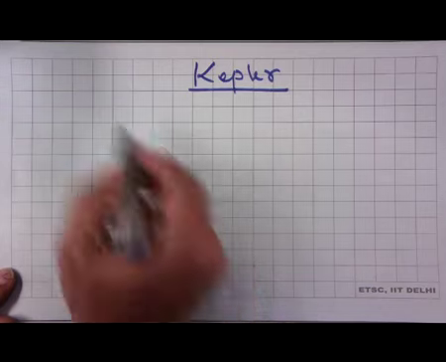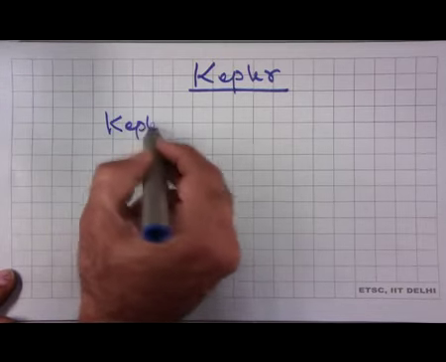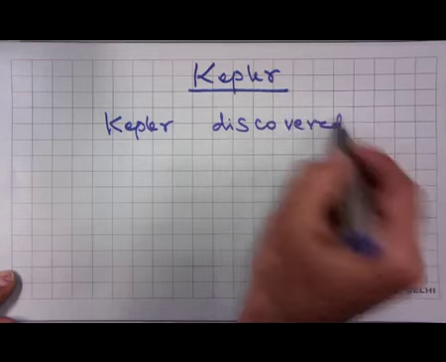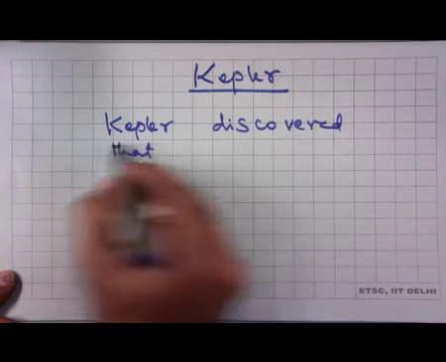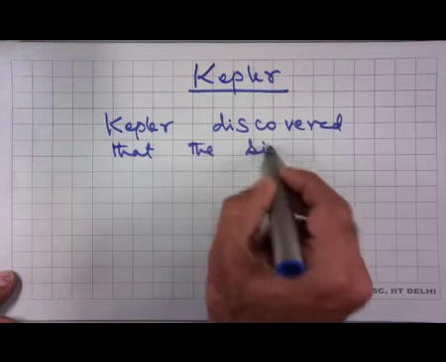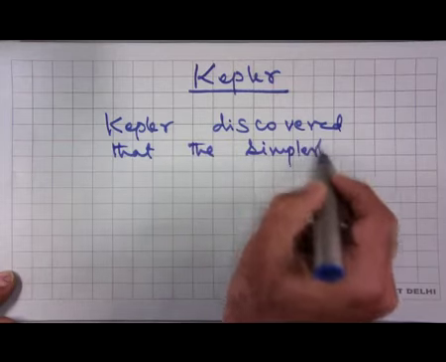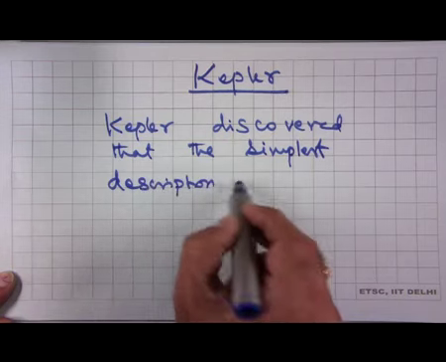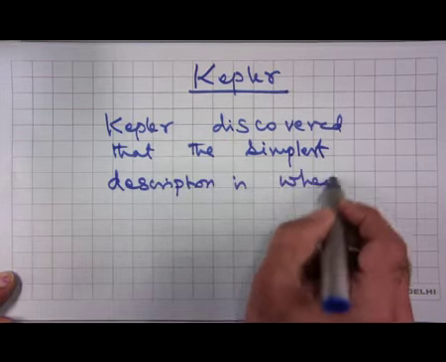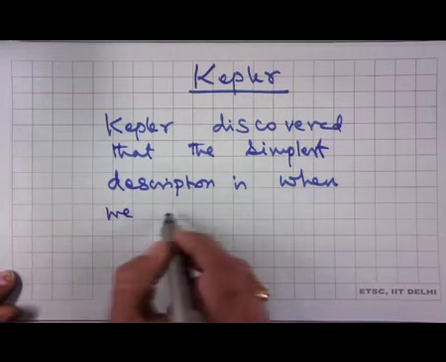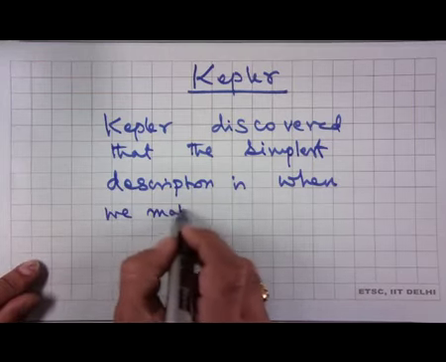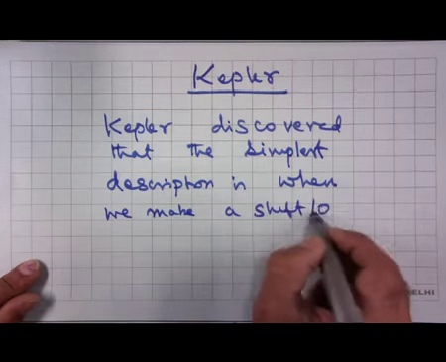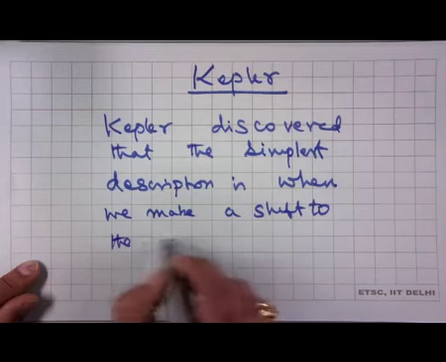The trick was that Kepler discovered that the simplest description is when we make a shift to the rest frame of the sun.